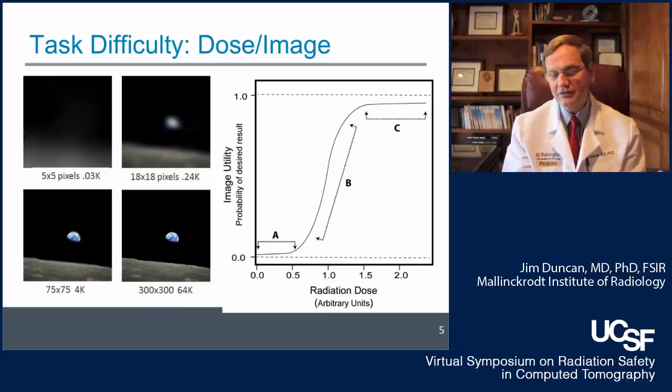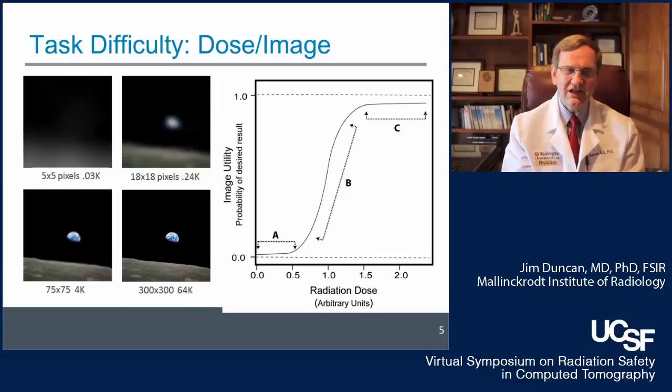Going higher than 75 or even higher than 300 tends to flatten out. There's not much advantage to increasing the amount of radiation used beyond that point. And so this is, to me, the difference between image utility, which is, does the image really satisfy a need to make a decision during this procedure, versus image quality.